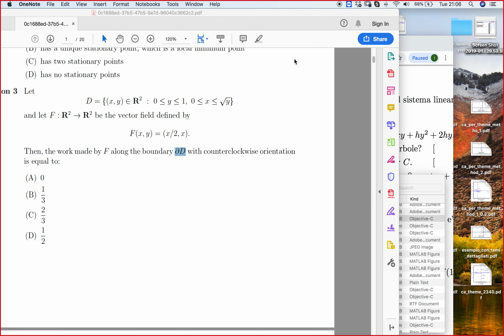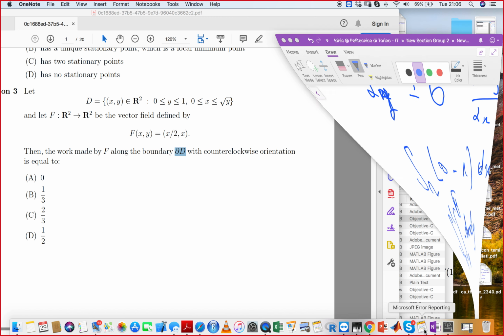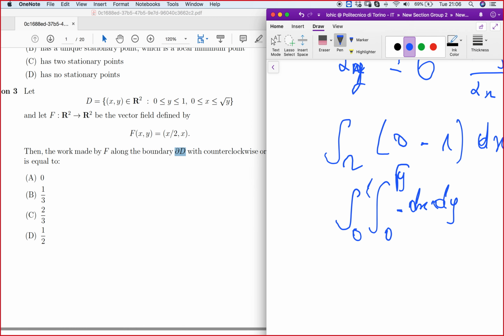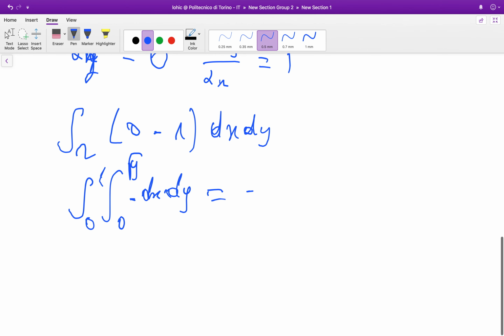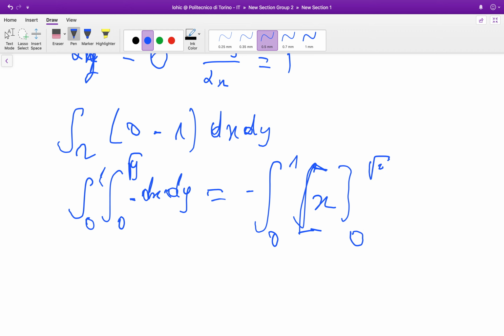Then you just do the computations. I can take out the minus, so minus the integral from 0 to 1 of, when I integrate, x taken between 0 and root y, in dy.